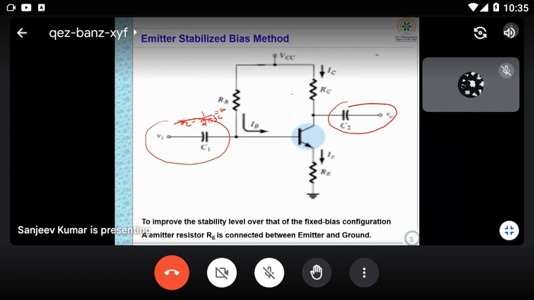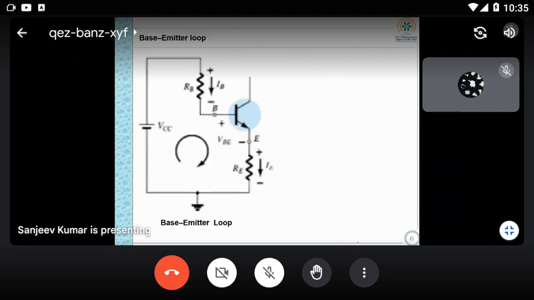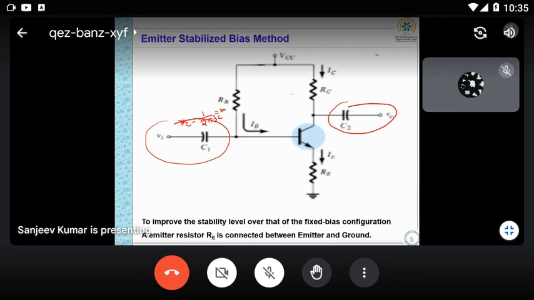Here you can see, to improve the stability level over the fixed bias configuration, an emitter resistor RE is connected between the emitter and ground. Now redraw the circuit. Here VCC is given.